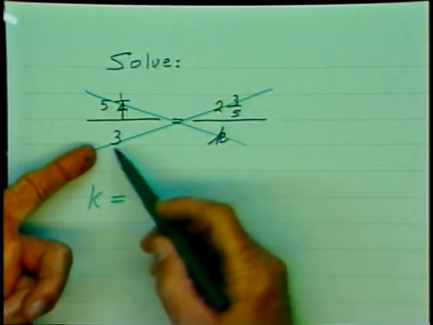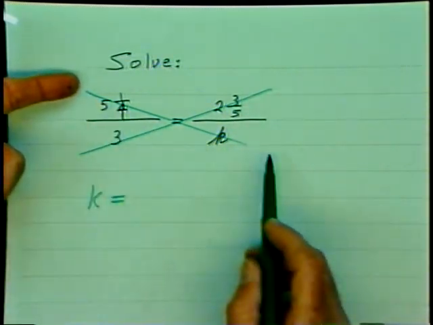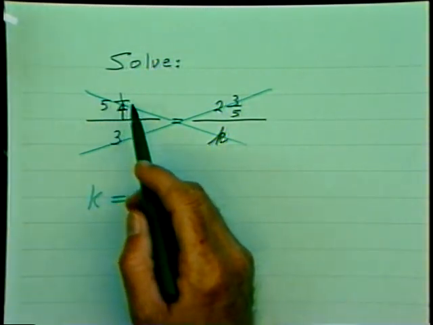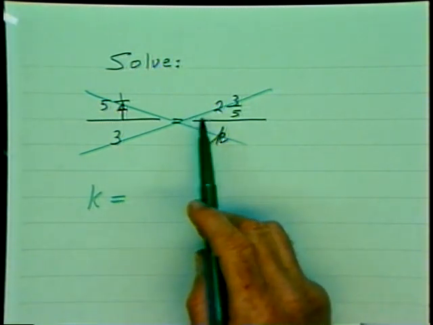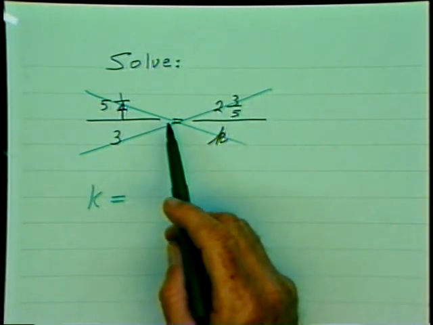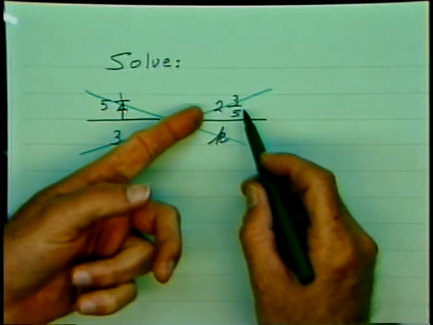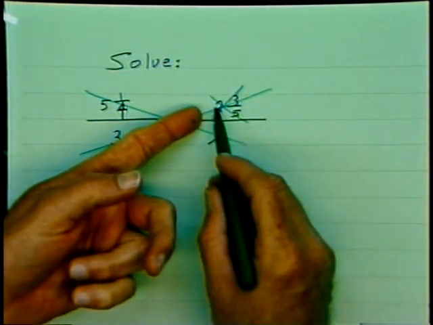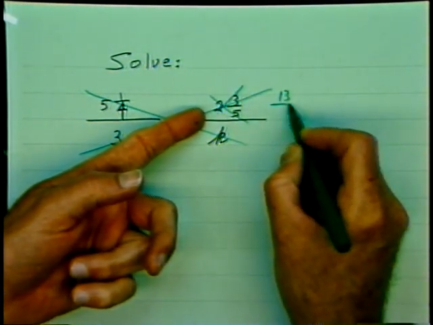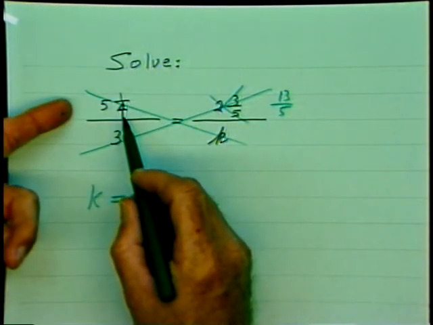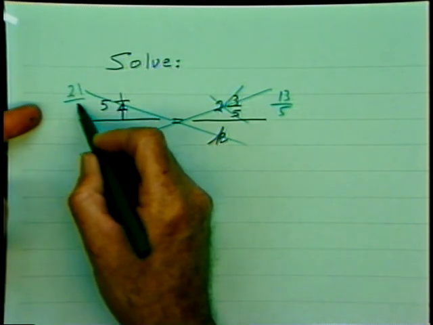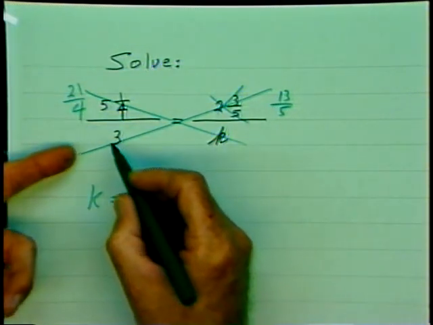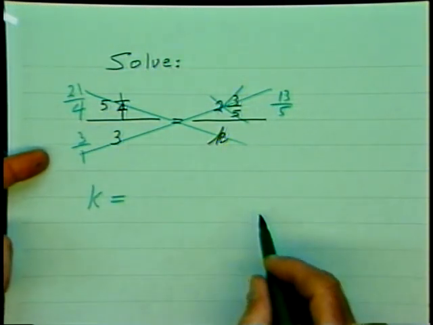We're going to multiply those, then we're going to divide by this. But knowing that we're going to multiply and divide fractions, we change everything to improper or pure fractions. So this one would become 13/5. This one would become 21/4. And this one, of course, is 3/1.